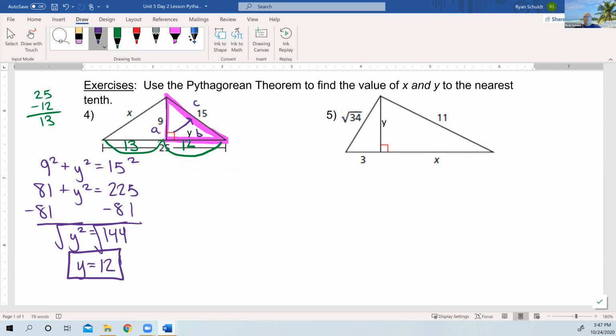Now I've got to do the Pythagorean theorem again to get x. But notice this time x is my hypotenuse. So I'm going to have to say 9 squared plus 13 squared equals x squared. Of course, 9 squared is 81. 13 squared is 169. 81 plus 169 is 250.